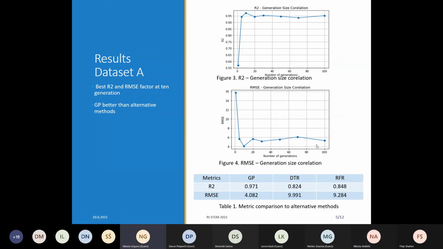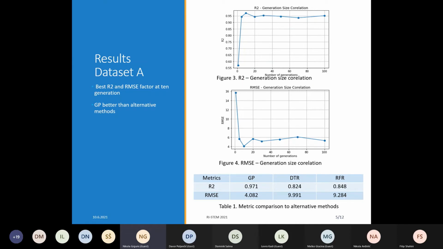First dataset used was dataset A. As seen in figure 3, R2 and RMSE metrics do not depend on the number of generations. Best metric evaluation was using 10 generations. By looking at table 1, where GP is compared to other methods, GP has the best metric evaluation.